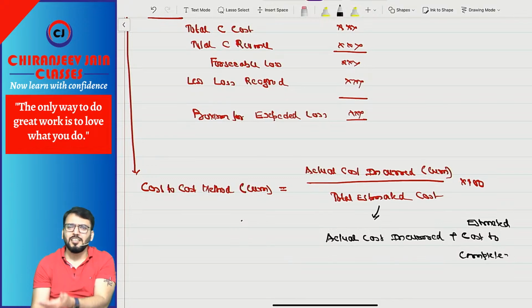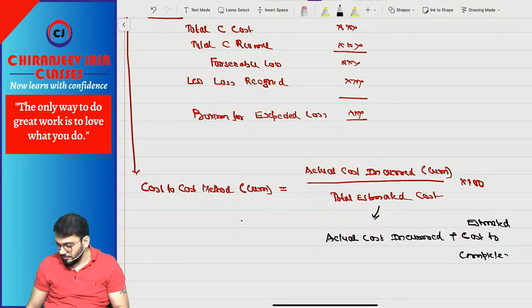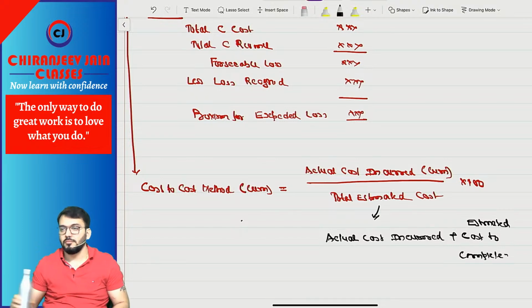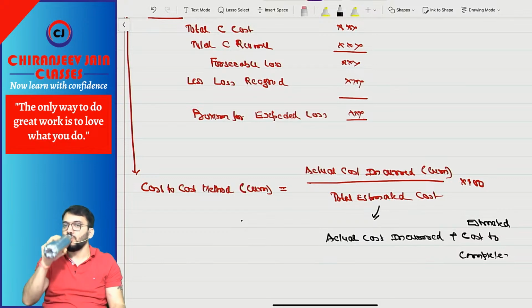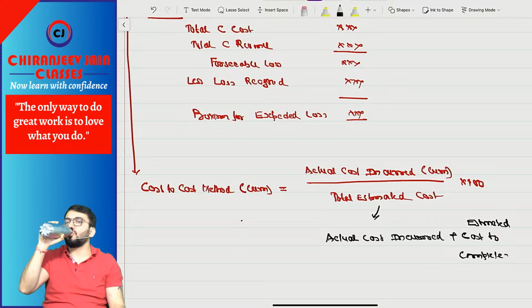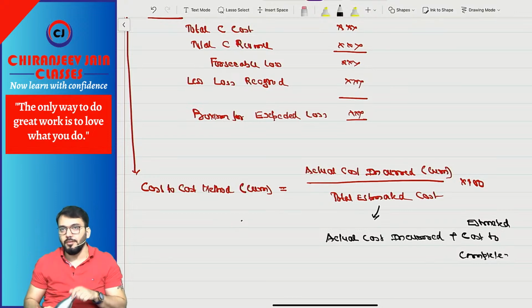However, there are some other methods also given, for example surveyor method, physical proportion method, but that is not used from the examination point of view. Have you understood this much?